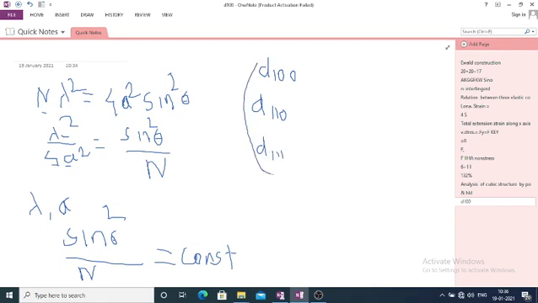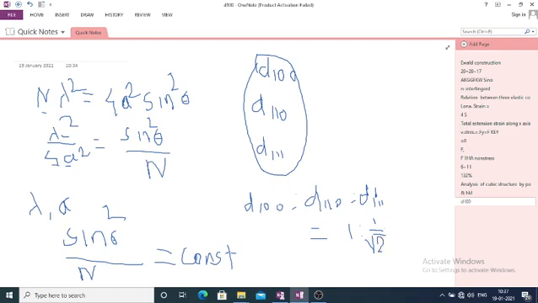These are the three planes available in the cubic structure. The ratio of the interplanar distances for the 1 0 0 plane, 1 1 0 and 1 1 1 plane is proportional to 1, 1 upon square root of 2, and 1 upon square root of 3.